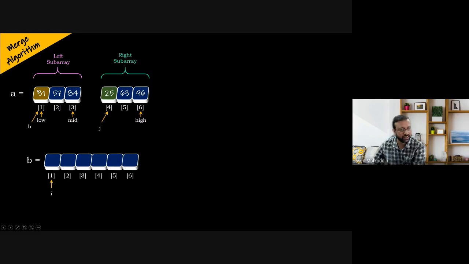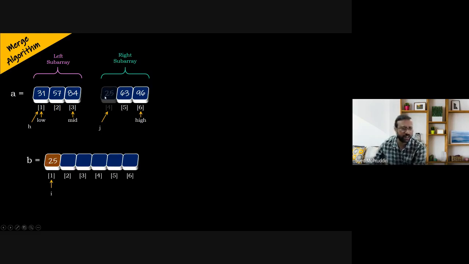The element at index h is 31 and the element at index j is 25. 25 is less than 31, so 25 is stored at index i. The element we stored was 25, which was referred to by j.